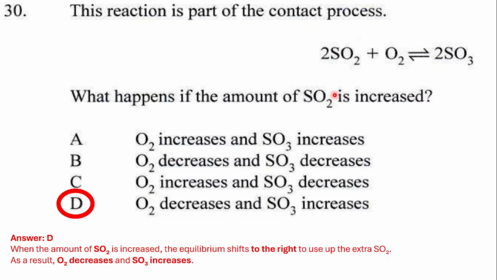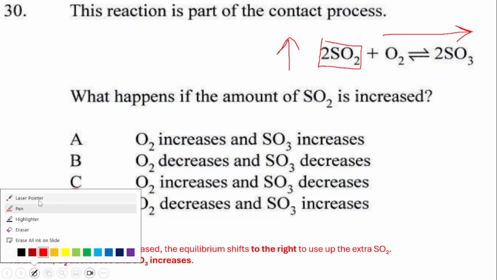So we're going to use up the extra SO2 on the reactant side. What's going to happen? The oxygen is going to be decreased, but the SO3 is going to be increased because the equilibrium is going to shift to the right, right? So if we increase SO2, it's going to shift to the right to counteract that increase.